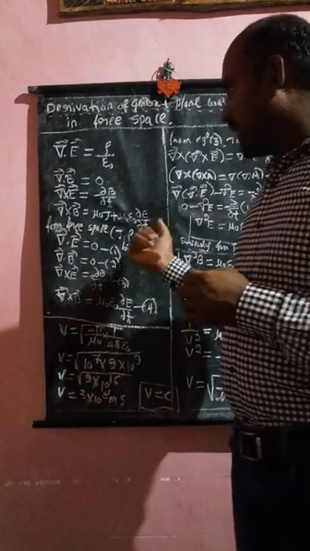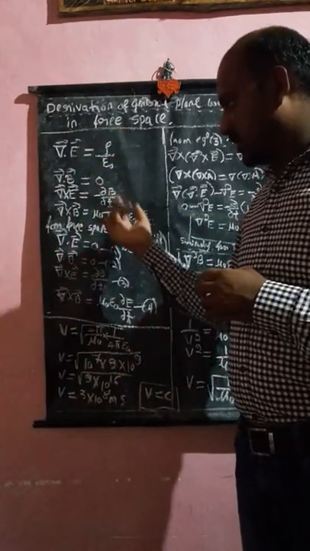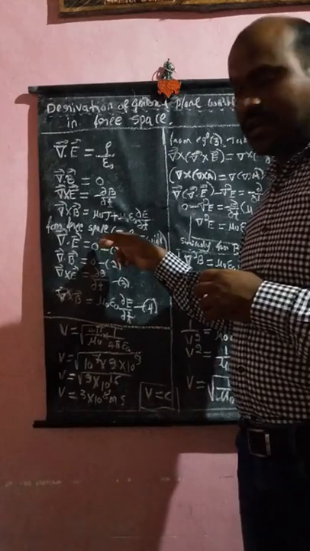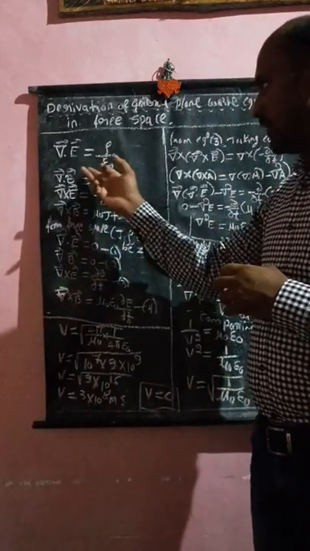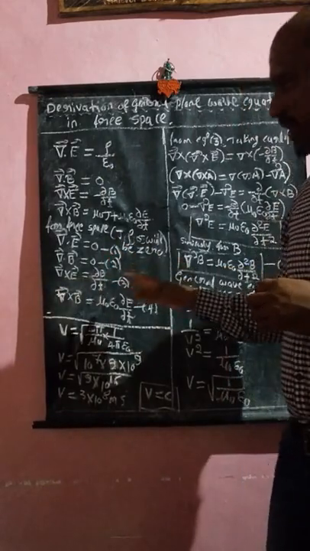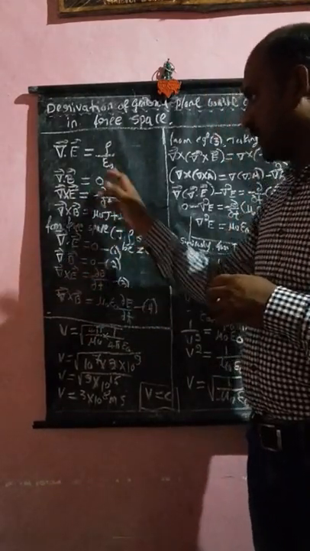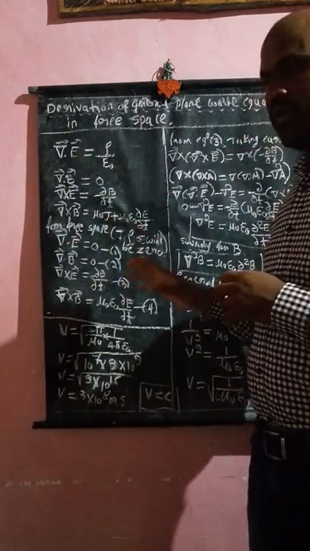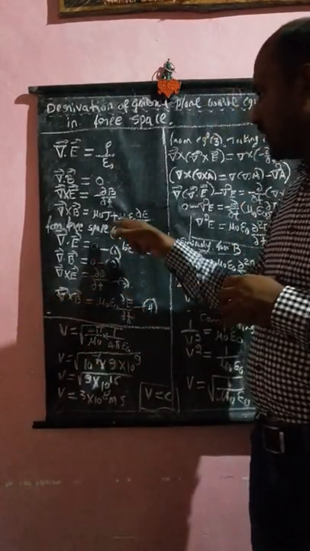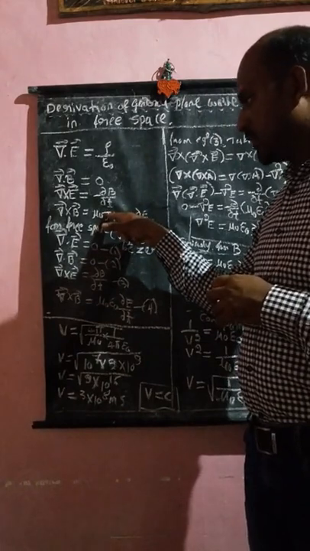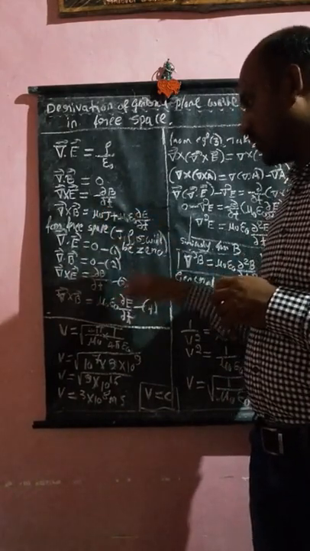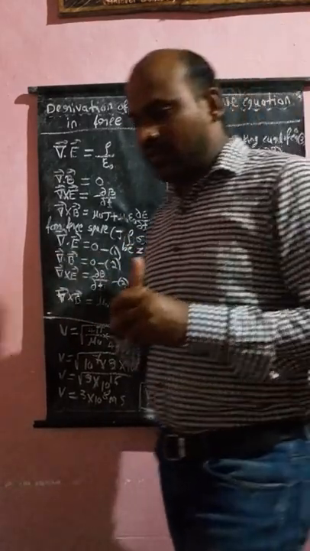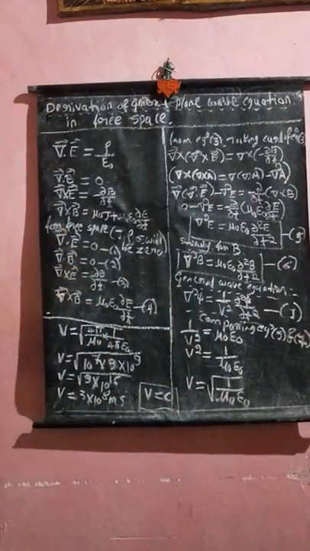So the equations change: del dot E is equal to 0, because rho is 0. Del dot B is equal to 0 remains the same. Del cross E is equal to minus dou B divided by dou t remains the same. Del cross B: J is 0, so that term vanishes, leaving mu naught epsilon naught dou E divided by dou t. These are equations 1, 2, 3 and 4.